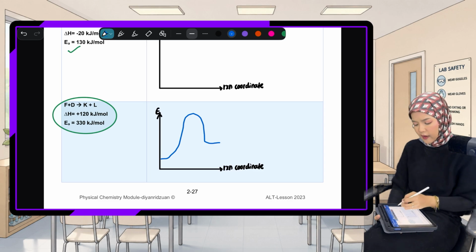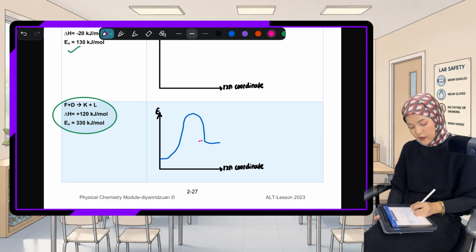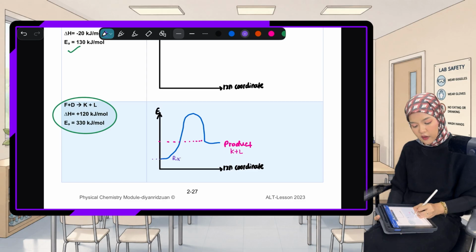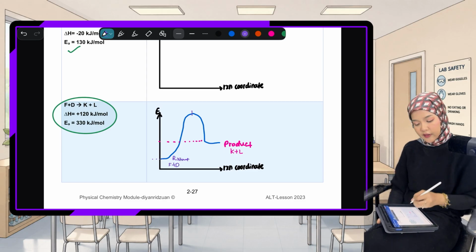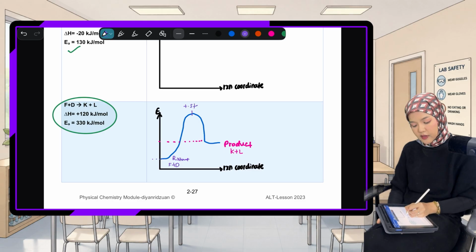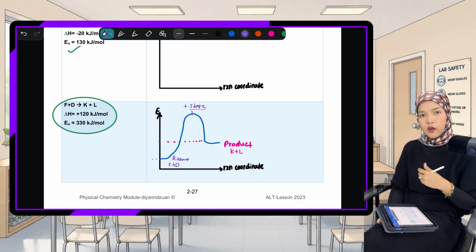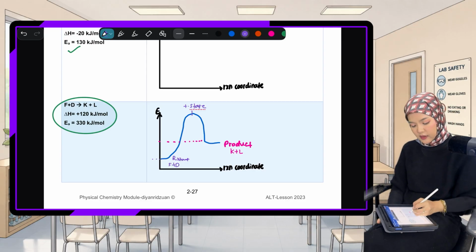Now this is going to be the energy of your product, and this is going to be the energy of your reactant. And then up here, what do we have? This is where you have the transition state, or the species called the activated complex. So where is the activation energy going to be?